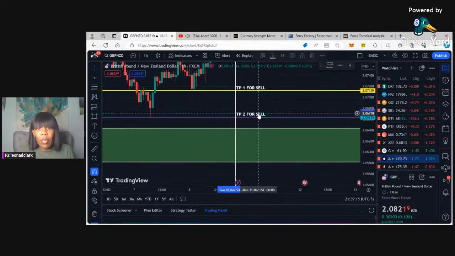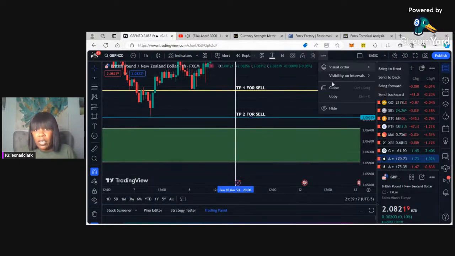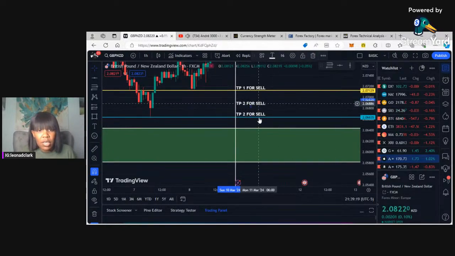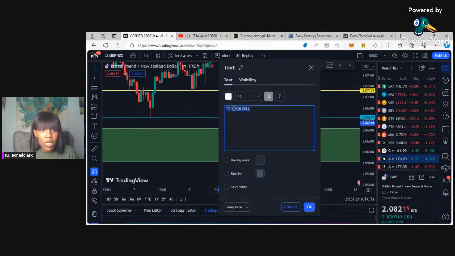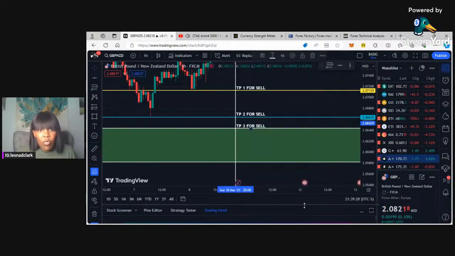Anything can happen, y'all, in the market. So it's better to just be prepared for things to occur than not. So I'm going to do take profit three. And again, y'all, this is just if price was to turn around because the pound loses its momentum. It's not strong enough.